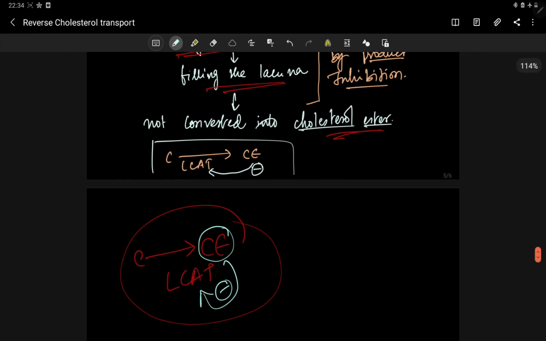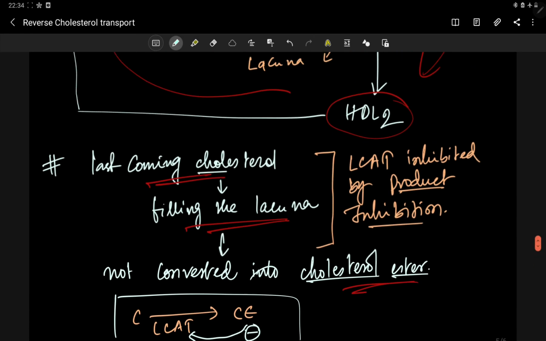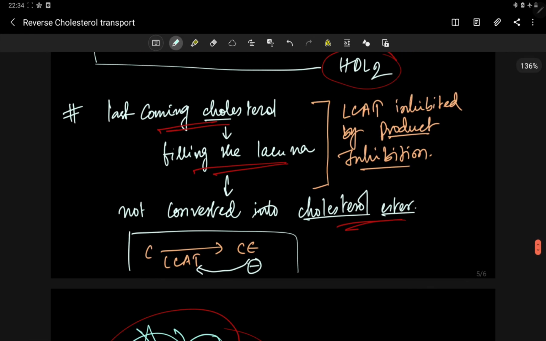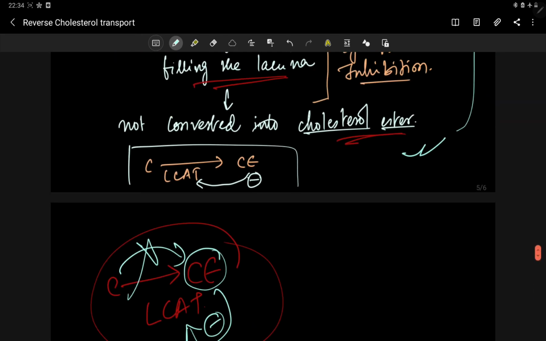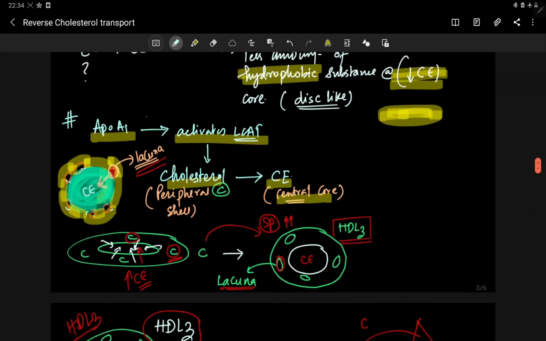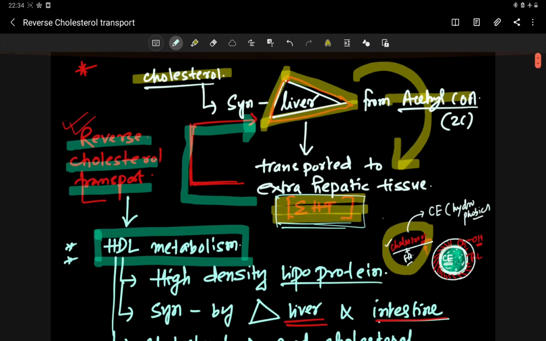This is called the end product inhibition characteristic of an enzyme. If LCAT is inhibited, then the cholesterol is not converted into cholesterol ester. This is one thing about the LCAT enzyme. So I think this is all about reverse cholesterol transport at this level.